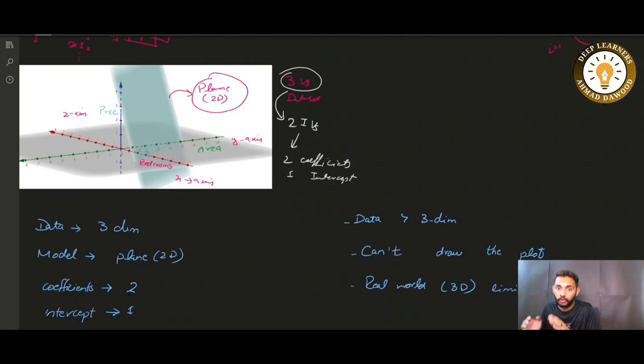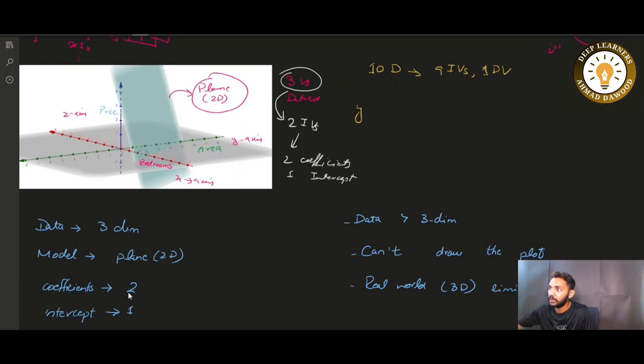The reason is in your equation. If you have a 10-dimensional data set, it means you have nine independent variables and, of course, one dependent variable.